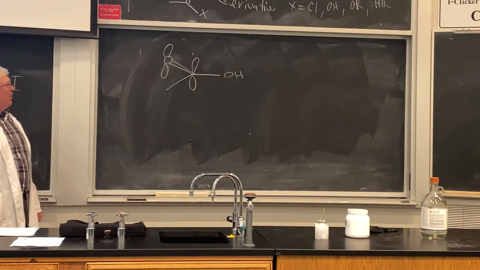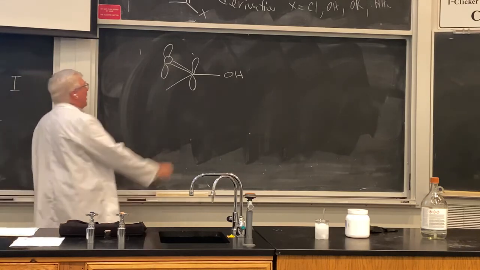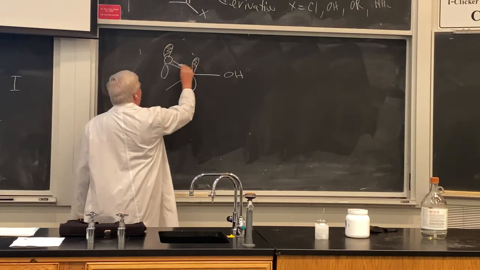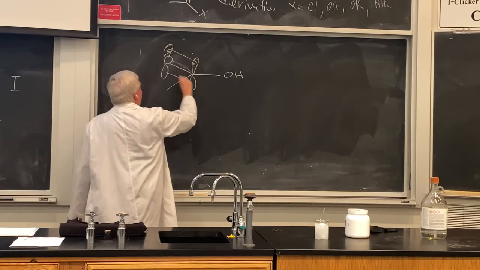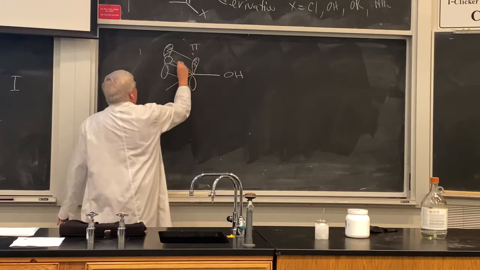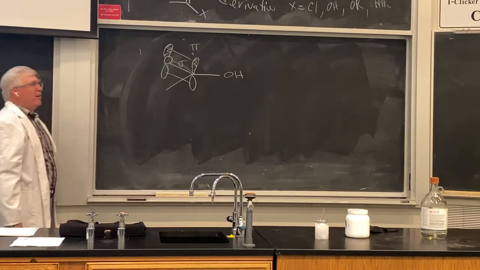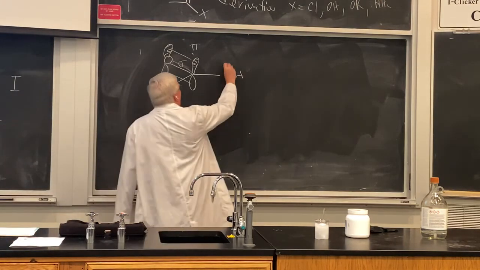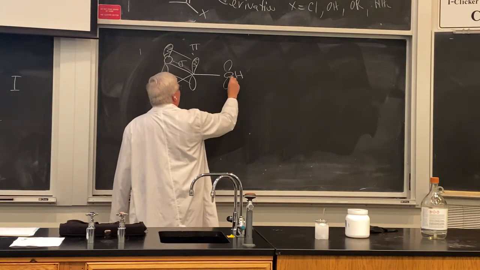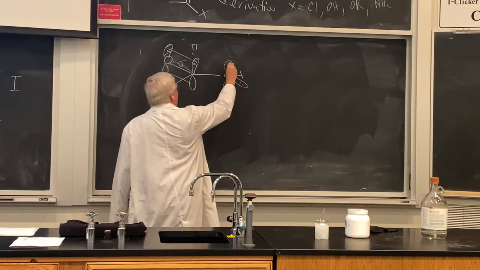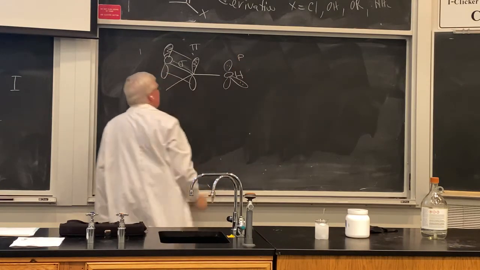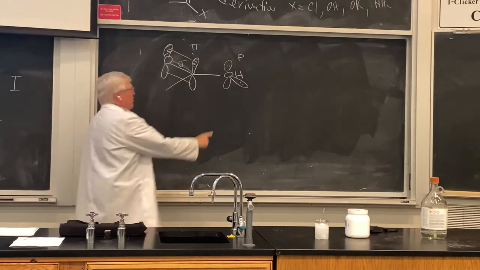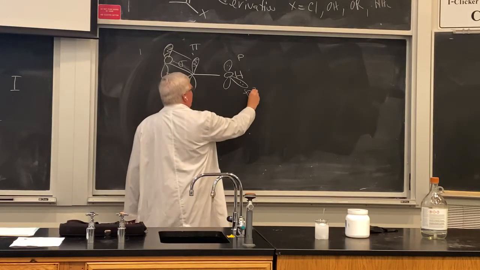So remember, the pi bond is, of course, the p atomic orbitals, right? So there's your pi bond. You also have a sigma bond down there. Well, what about the OH group? Well, we can hybridize that oxygen such that we've got one lone pair and a p atomic orbital, and one lone pair maybe in an sp2.